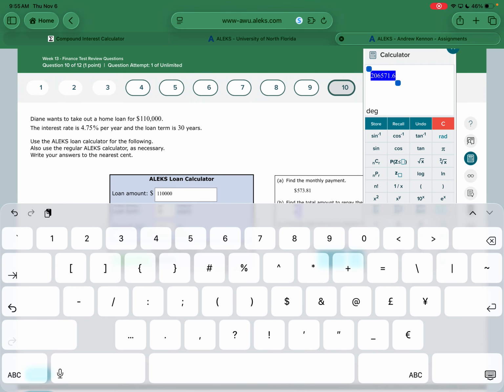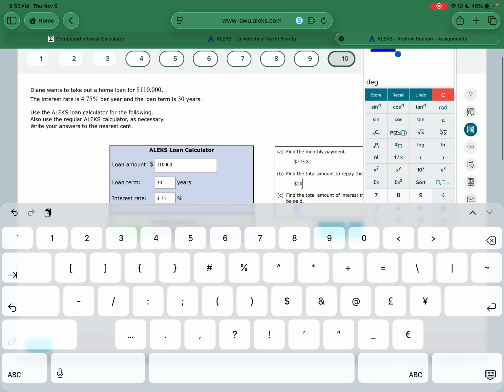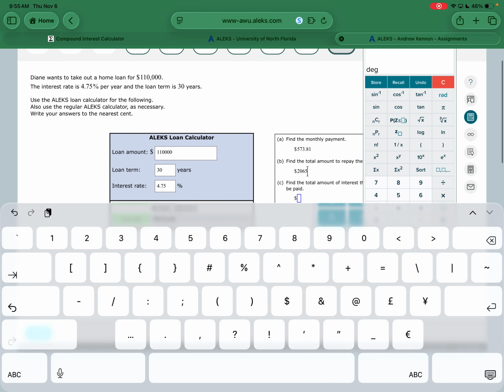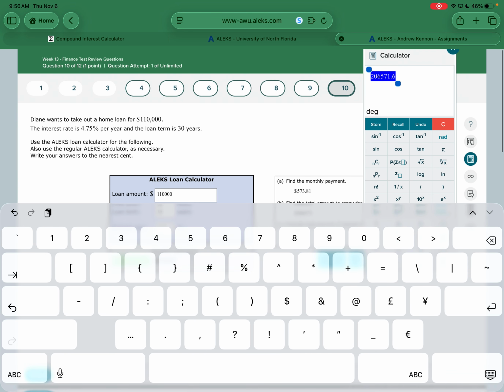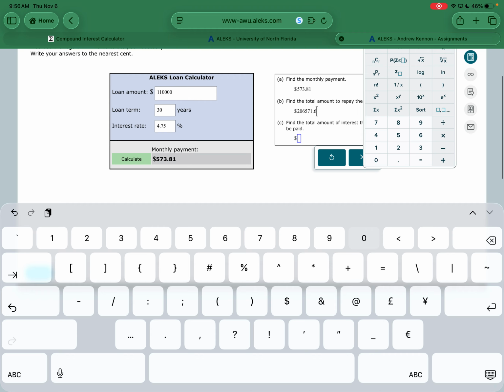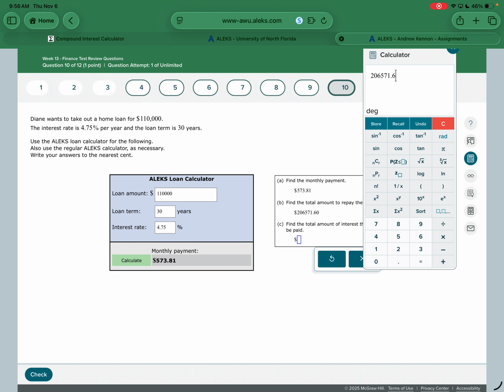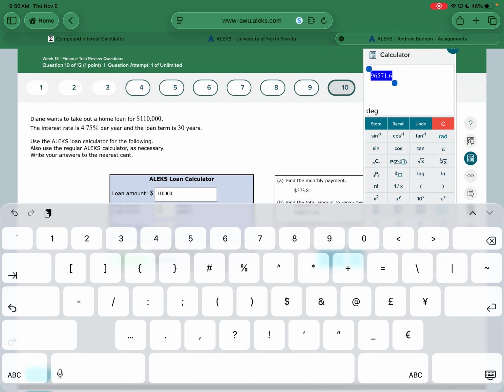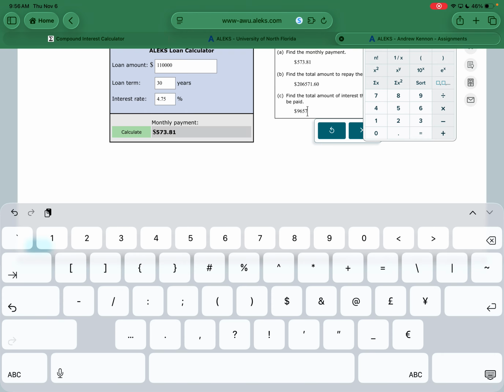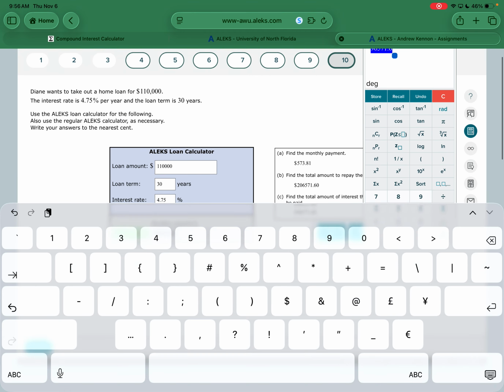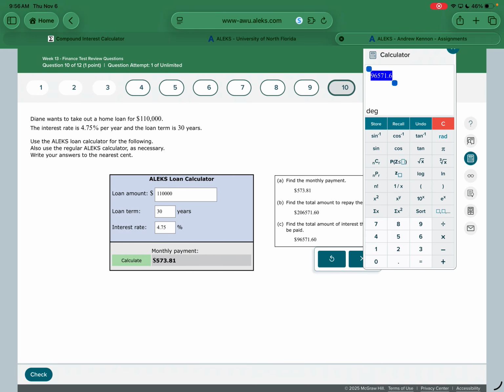So that would be $206,571.60. Find the amount of interest paid. Okay, well, that's how much payment they made, but the home loan was only $110,000, so actually paid $96,571.60 in interest.